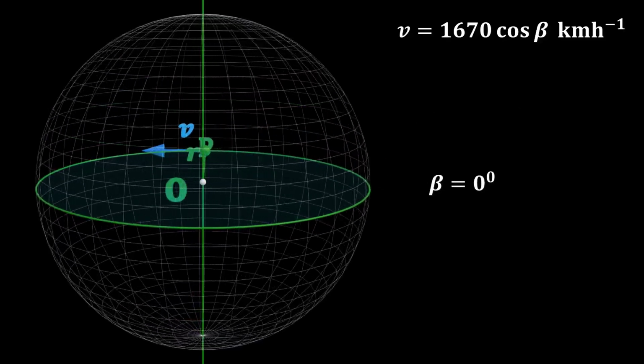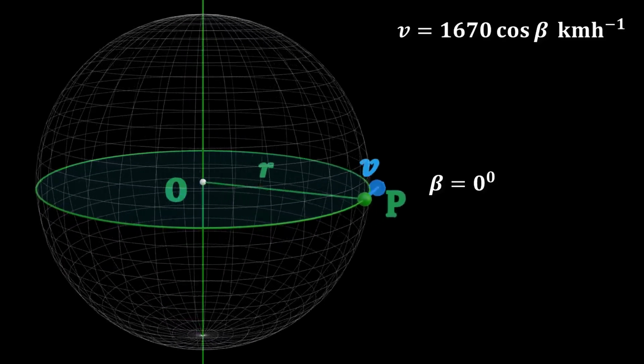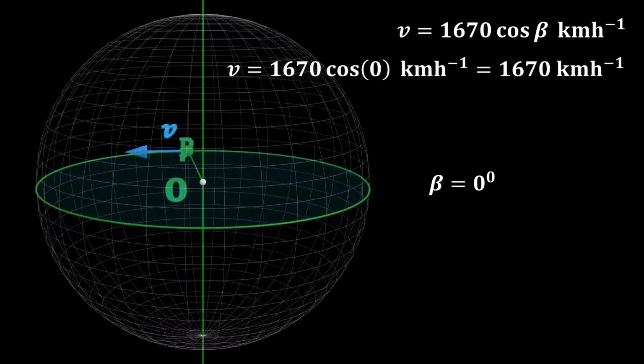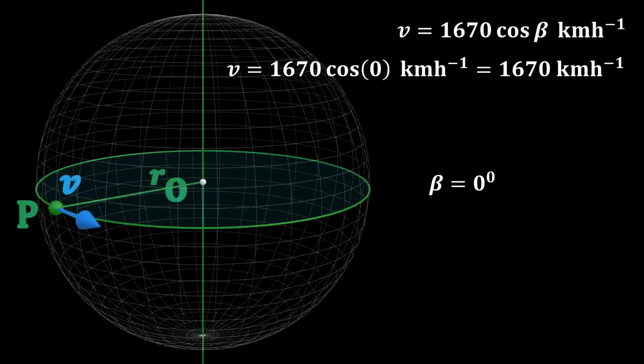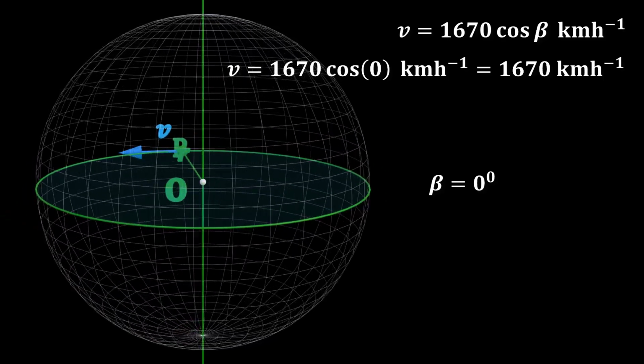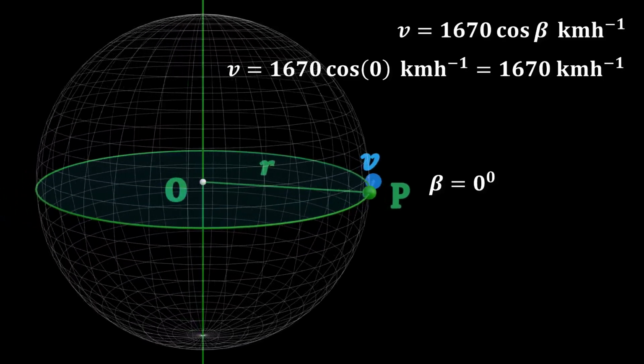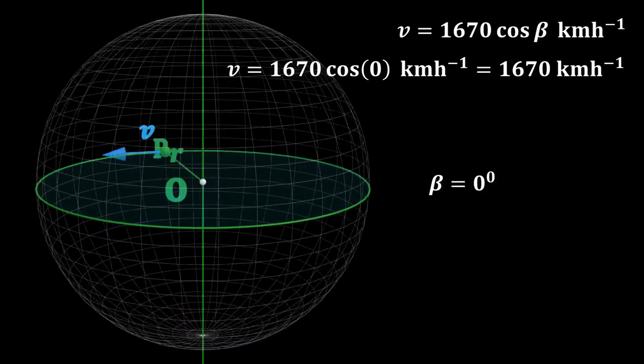For beta equals 0 degrees, which corresponds to the equator, we have cos 0 equals 1, and we have V equals 1,670 kilometers per hour. So a point on the equator is moving the fastest.